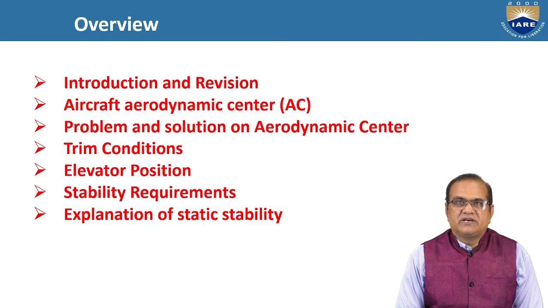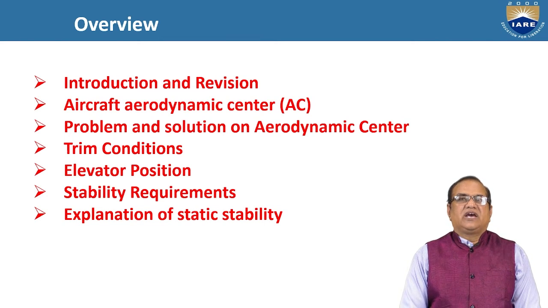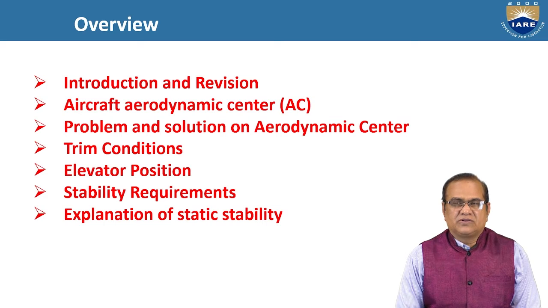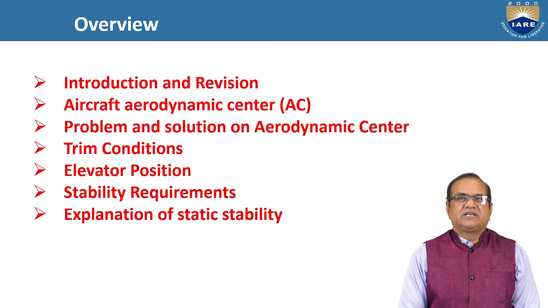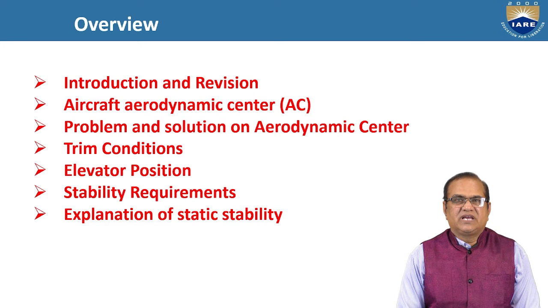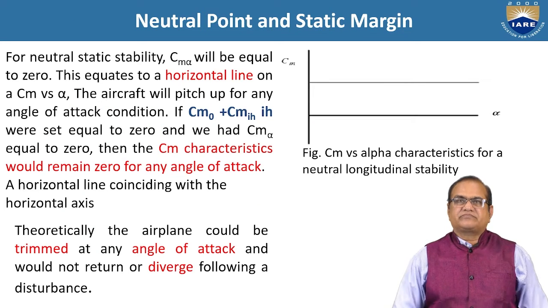In today's topic, we are going to discuss the introduction and revision, aircraft aerodynamic centers, problems and solutions on aerodynamic center, trim condition, elevator position, stability requirement, and explanation of static stability.